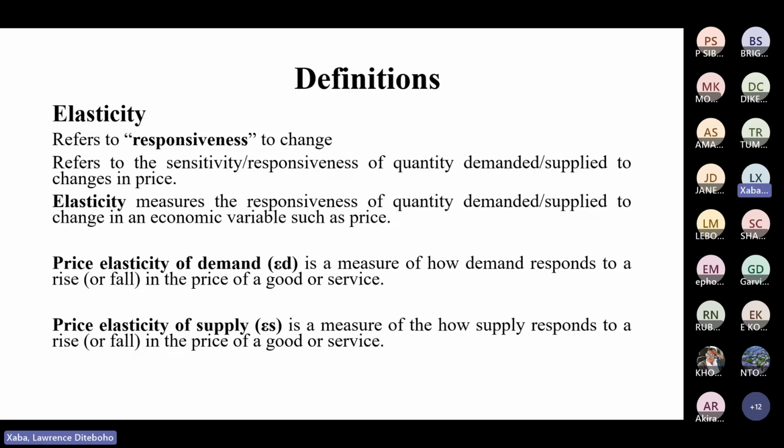And we also have a similar definition; there's not much difference between the price elasticity of demand and supply. It's also measuring how the supply responds to the increase or decrease in price of the goods or service. So these are the definitions of the important terms that we're going to calculate in this section.